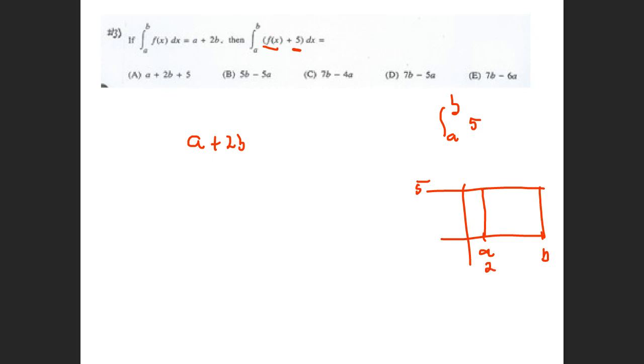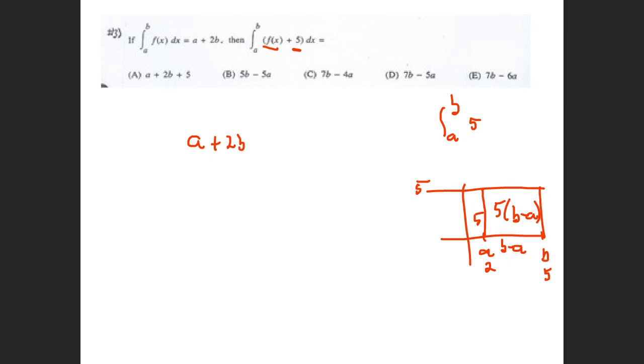If this was 2 and this was 5, what would this distance be? It would be 3, wouldn't it? And how did I get that? Well, I took this number and subtracted this number. So the distance here is b minus a. The height is 5. So the area of this thing is really 5 times b minus a.